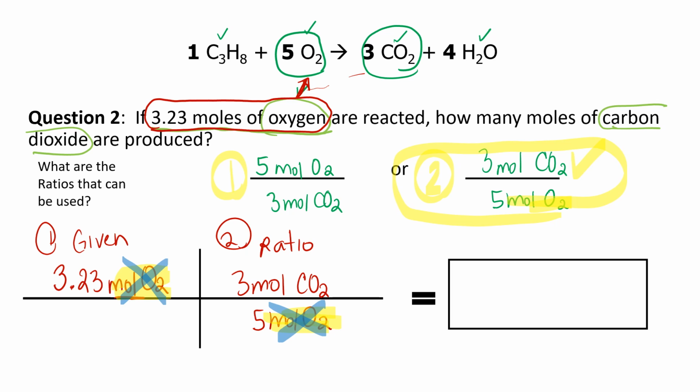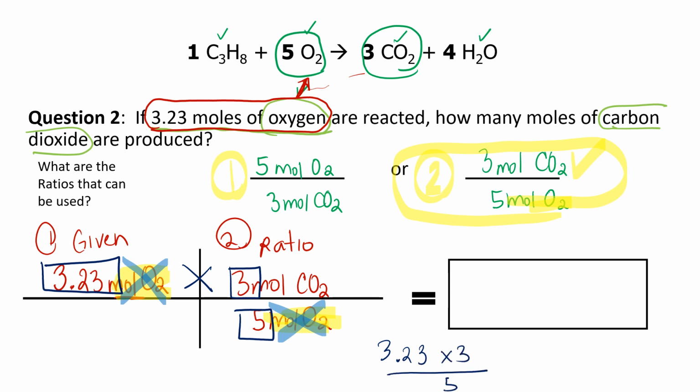And all I've got to do from this point is take my number values, which are my 3.23, multiply it by 3, and then divide it by 5. So you're looking at 3.23 times 3, that answer divided by 5.